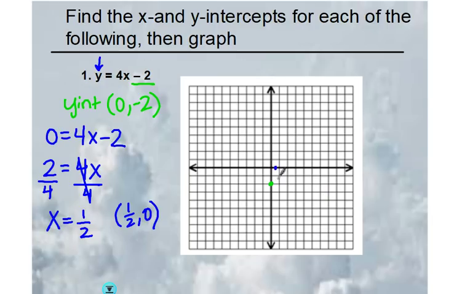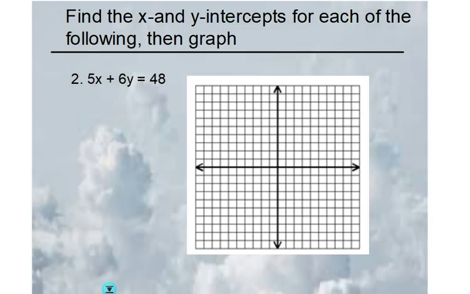Would this make sense to go up 4, 1, 2, 3, 4, and then over 1? You can see that our x-intercept would fit into that line that we have going. So yes, it is a point on this graph. Alrighty. So there's one way of plugging in your x and y intercepts, plotting them, and graphing your line.